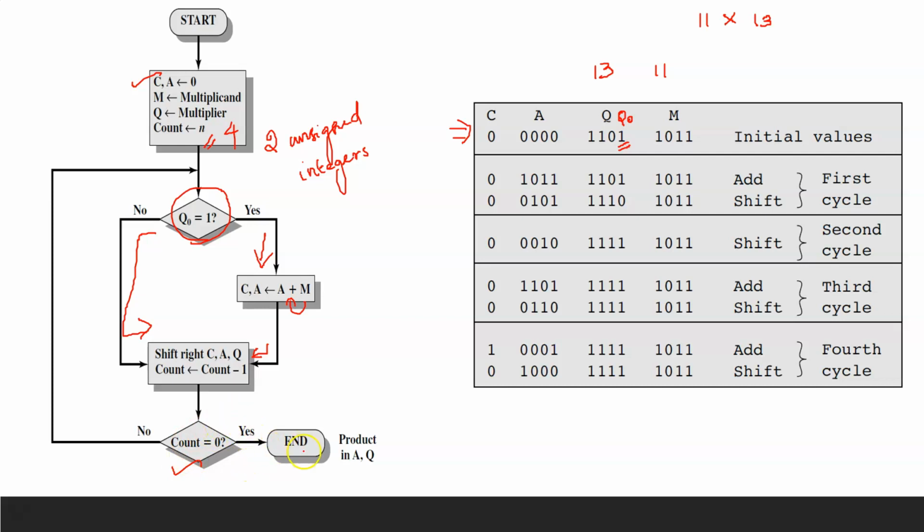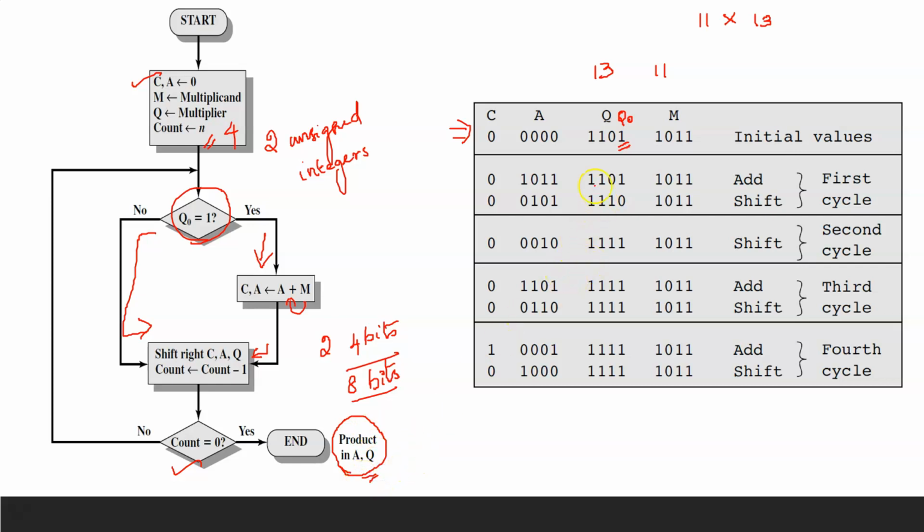And after the count equals 0, your end product is found in both registers A and Q. Because I have already told you that when two 4-bit numbers are multiplied, they will give 8 bits, a maximum value in 8 bits. Hence, when you multiply two n-bit numbers, you will get 2n bits, so it is stored in 2 registers.